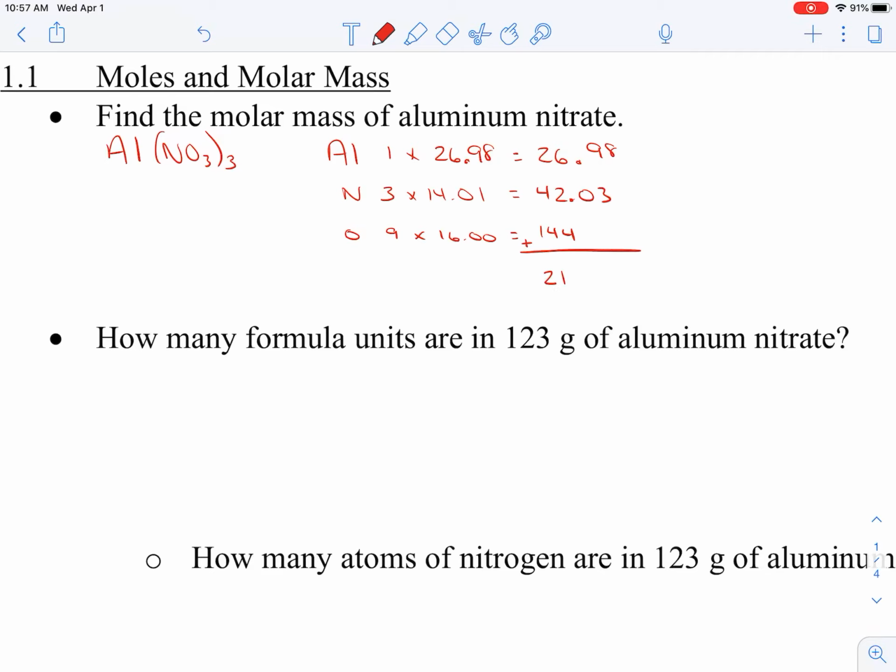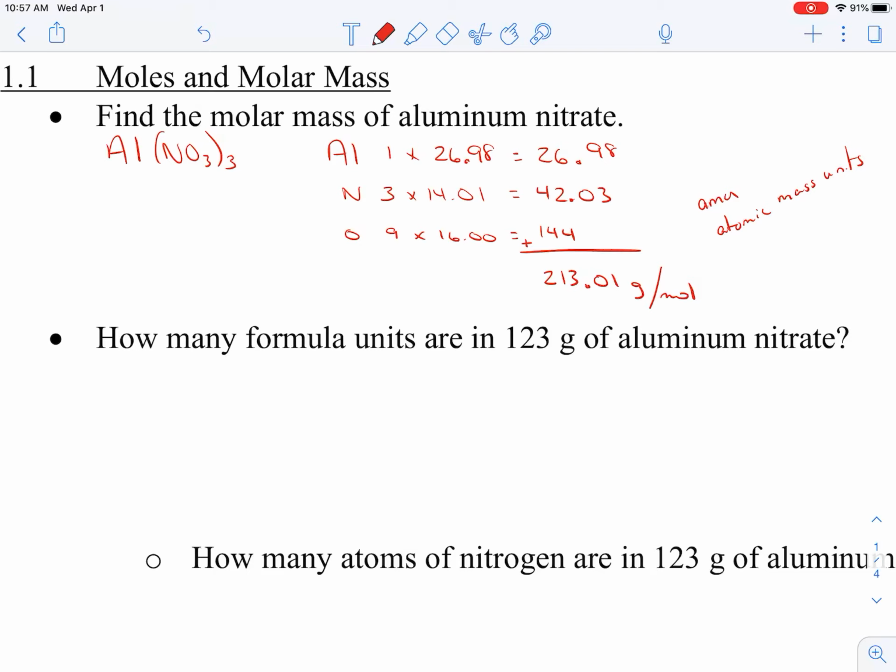That's a very quick review on how we find molar mass: 213.01. And our label is grams per mole, most often. But remember, these are technically AMUs, or atomic mass units. We'll hit that a little bit later, but that's just something good to remember.